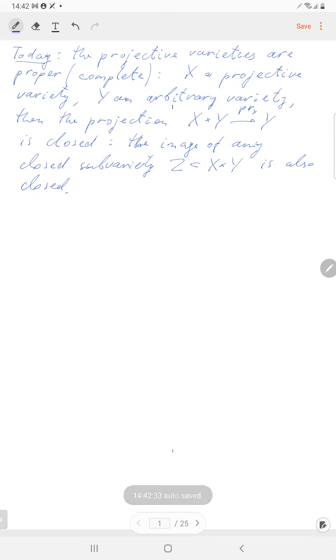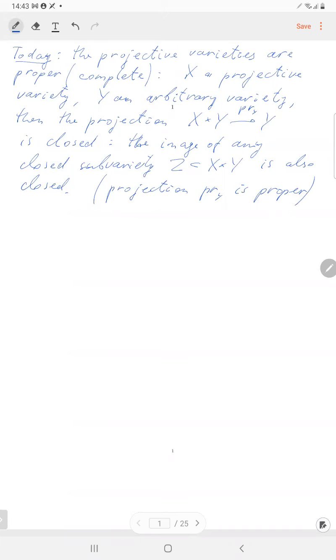Or in other words, the projection per Y is proper. So this property of being proper is a property of morphisms, actually, not of varieties, but here I mean the projection from X to a point is proper.